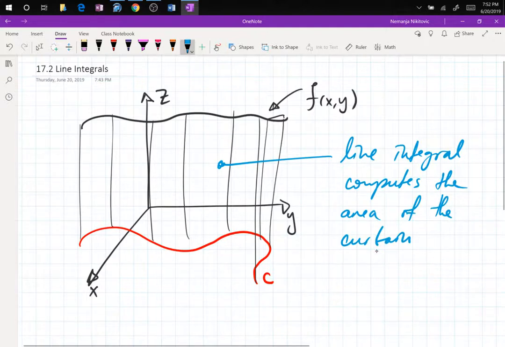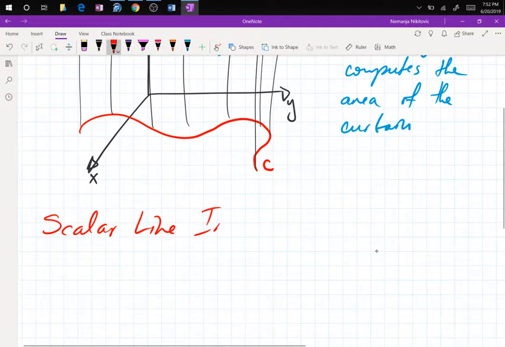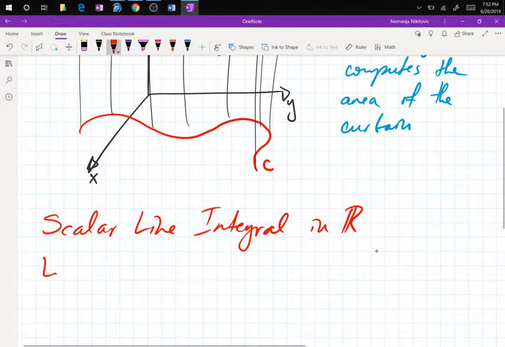So what is the scalar line integral in R2? So 2D. It has to be a line integral, and it is a line integral because of the curve C. All right, so let's go.